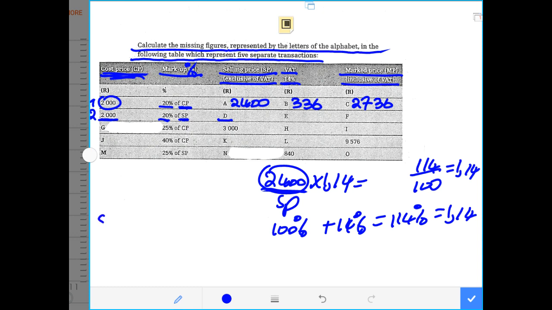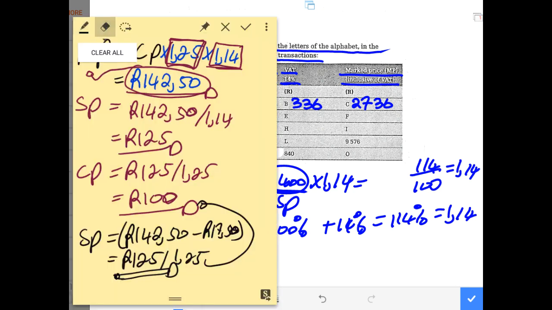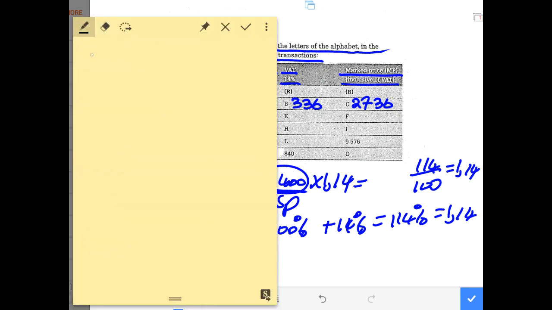So in this case, our selling price will be equal to the cost price of 2,000, and we multiply this by 100, because the selling price always becomes 100% whenever the markup percentage is on the selling price, and we divide this by 80. And where is the 80 coming from? It's because we say 100 minus 20%, which gives us 80%.